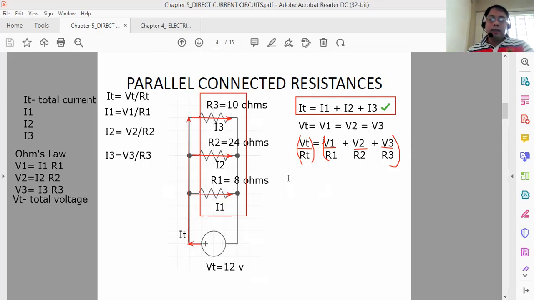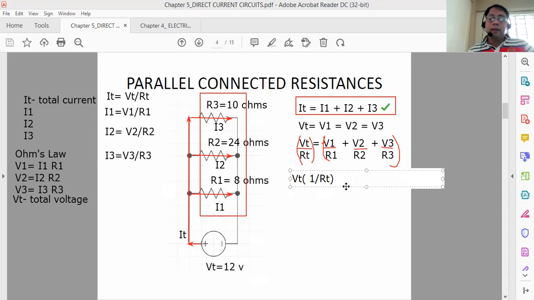So VT, if we get it out, since it's common, what remains on this side is 1 all over R total. That's what results when you remove the numerator and move it out. What remains in the numerator would be 1.